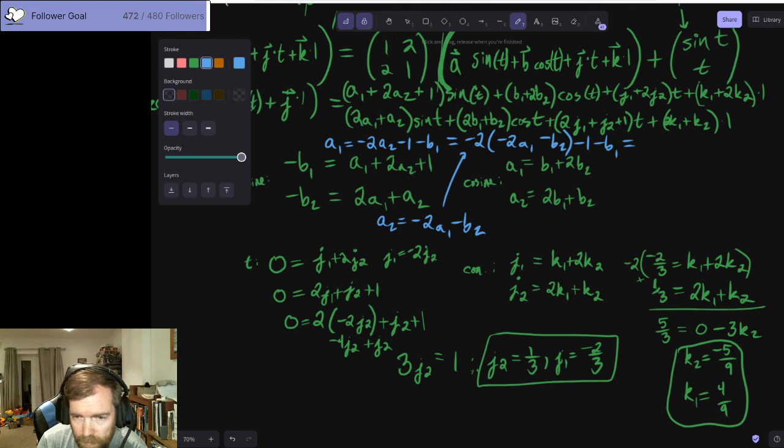All right, A1 is equal to 4A1 plus 2B2 minus B1 minus 1.